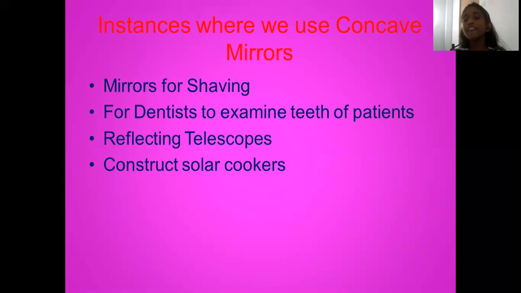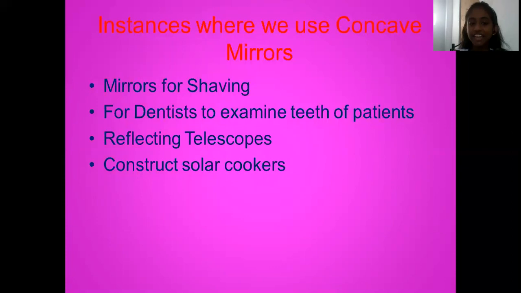Now, you have seen that most of the time males are shaving, so when they shave, they use concave mirrors. And also, when you go to the dental, the dentist is using a spoon kind of thing. So that's not a spoon, that's a concave mirror.